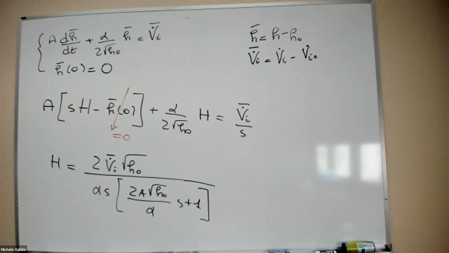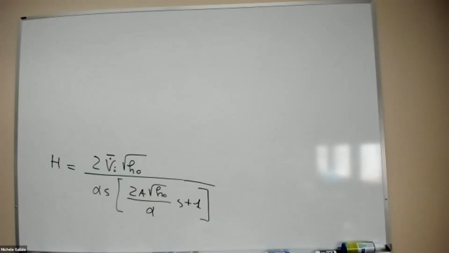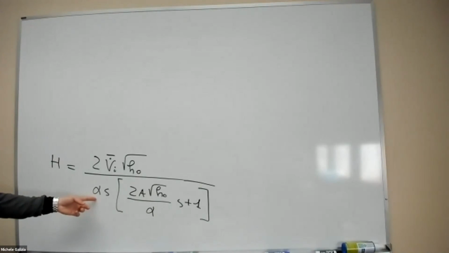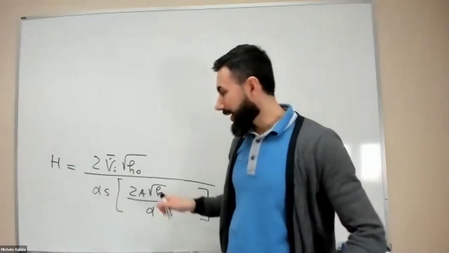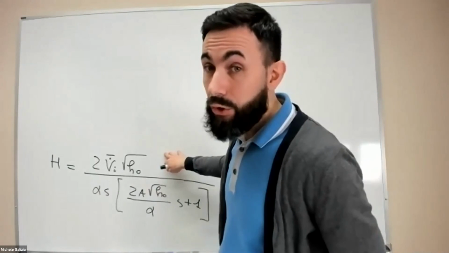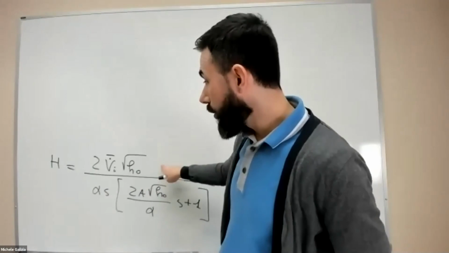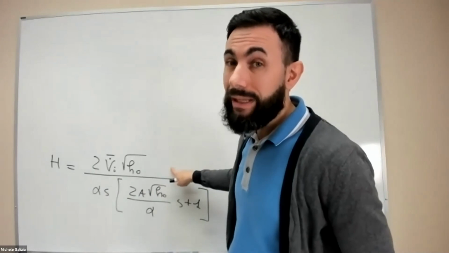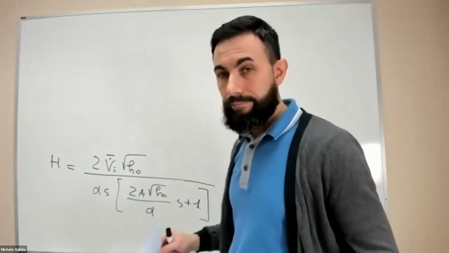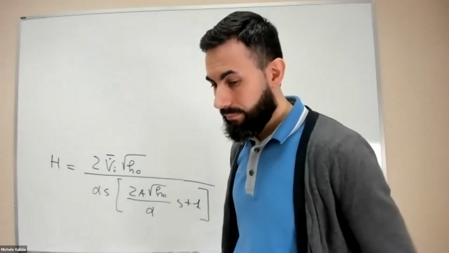Now we have to anti-transform this. This looks similar to the expression that you have in your table. Just look at this. Can you recognize an expression that is there in your tables? Yes or not? Yes.